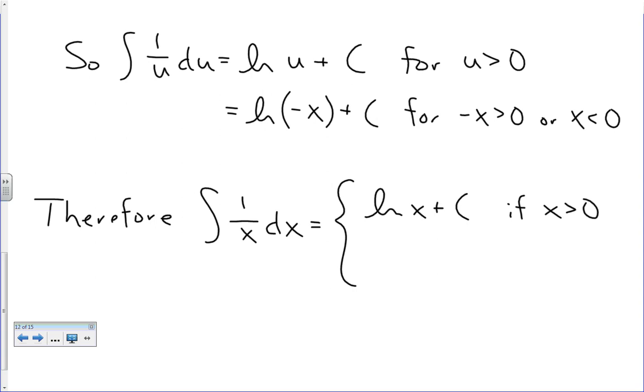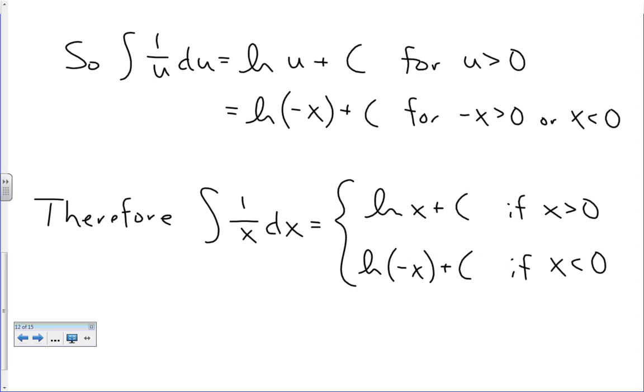Case 2, what we just found out was it's equal to ln of the opposite of x plus c, and that's if x is less than 0. I think I said natural log. I'm trying to stick to ln of x and ln of the opposite of x there.